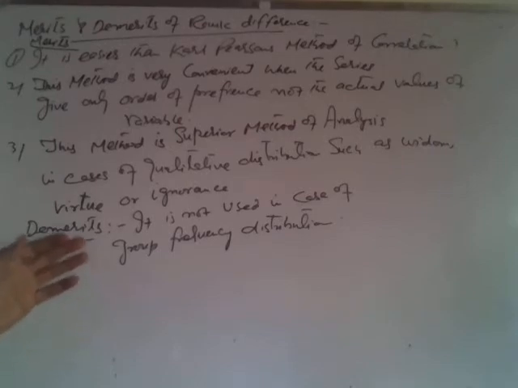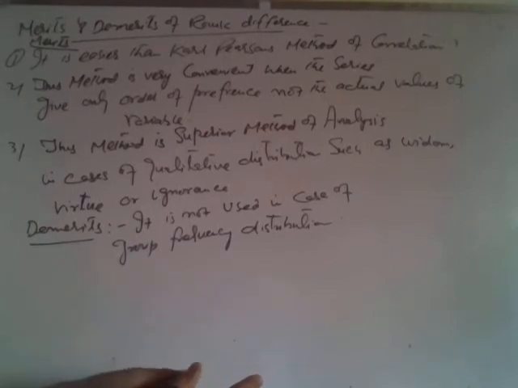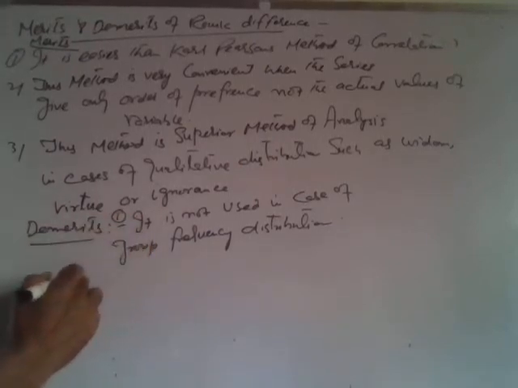So when there is group frequency distribution, for example, when our values are in the form of classes in continuous series, this method is not used. So this is the first demerit.